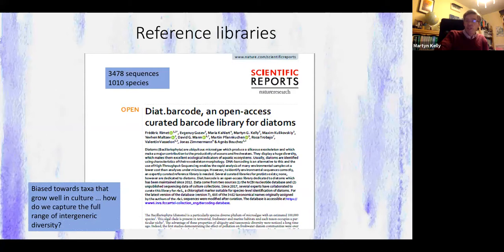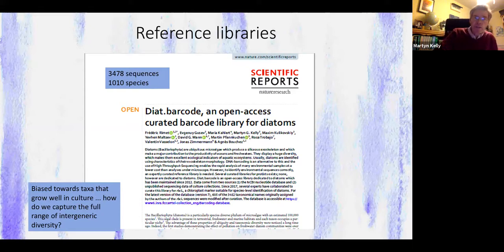So a lot of the discussion has been on how to expand this database. For some other organism groups, the invertebrates, macrophytes, vertebrates, there is a genuine feeling that they could potentially complete their reference barcode libraries. But for the microscopic organisms, I think we're beginning to realize that's probably unlikely.